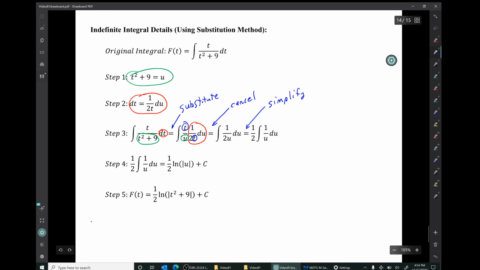Instead of having a 2 in the denominator on the inside, I just have a 1/2 in front. And I don't rewrite this form as u to the negative 1 because I can't use the power rule when n is negative 1. I have to leave that as the indefinite integral of 1 over u. That's how I ended up with ln of absolute value of u. The indefinite integral of 1 over u is ln of absolute value of u. So that's how we ended up with our general antiderivative of this function form involving natural logarithm.